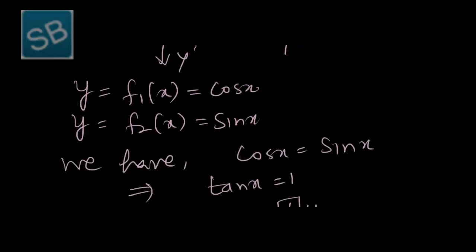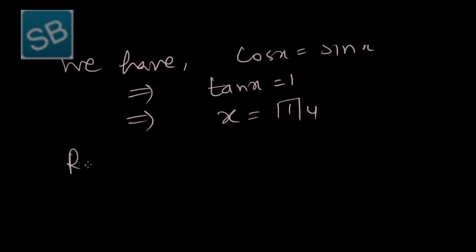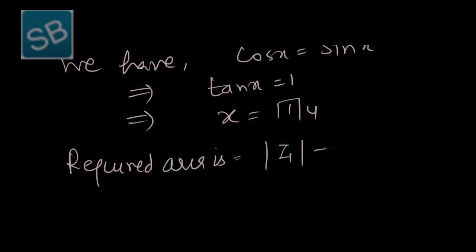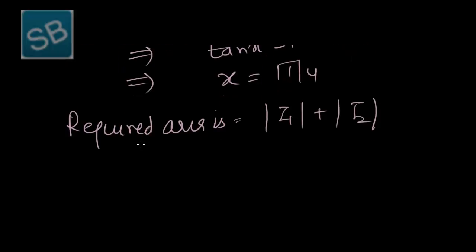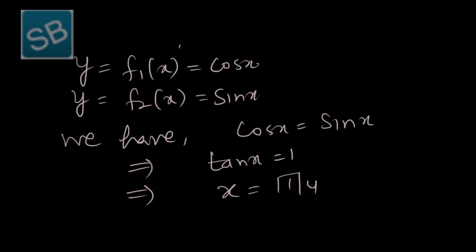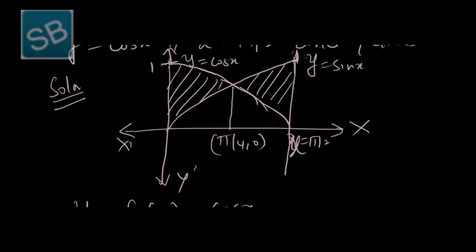Therefore, the required area is mod of I1 plus mod of I2. That is, I1 is 0 to pi by 4, that is f1(x) minus f2(x), and I2 will be f2(x) minus f1(x).